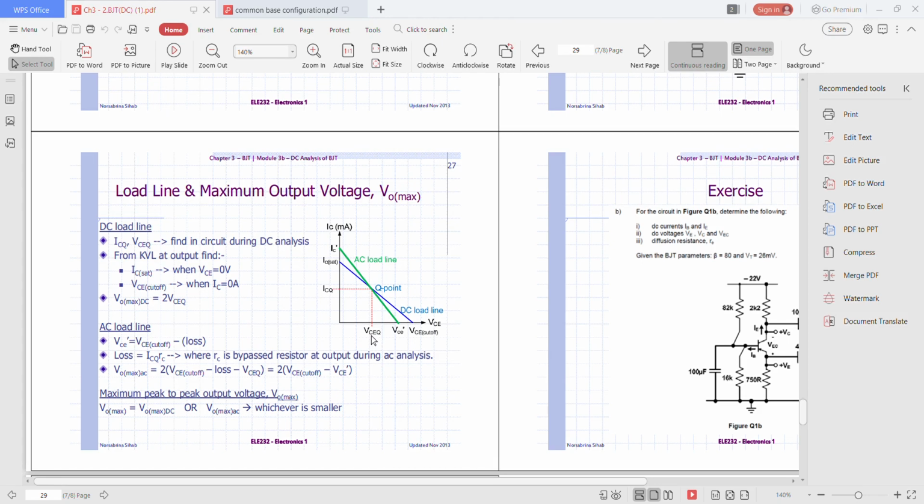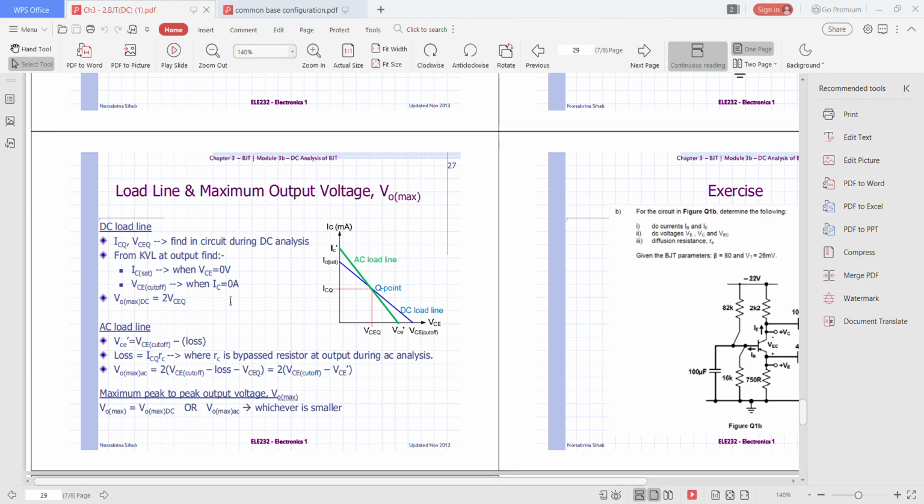From KVL at the output circuit, you can find IC saturation, that is when VCE equals 0. After you have found the equation for VCE, if you put VCE equals 0, then you can get the IC saturation. Same goes for the cutoff.